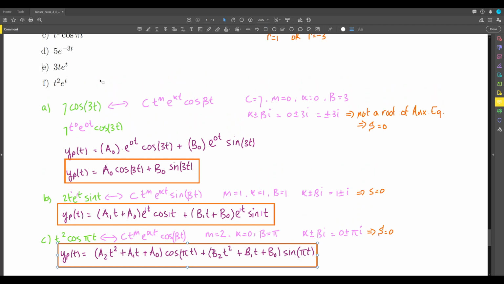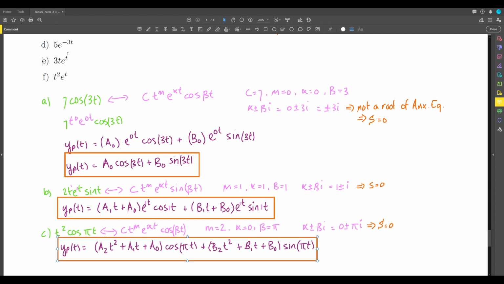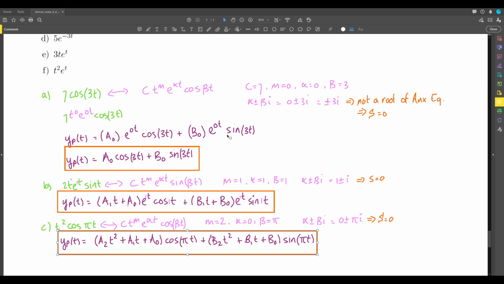Okay, and then for part D, we have 5e to the power negative 3t. So let's take a look at that.